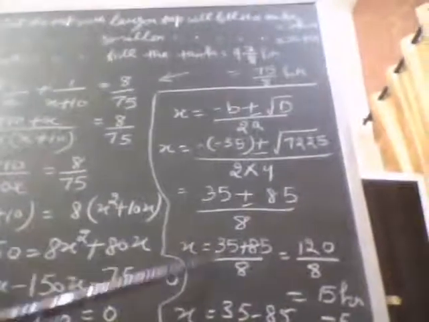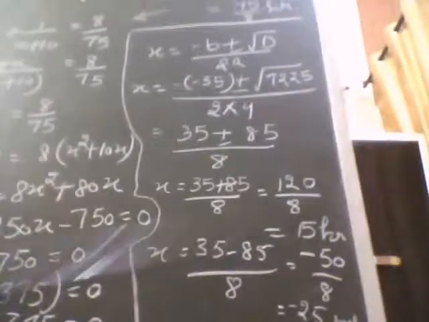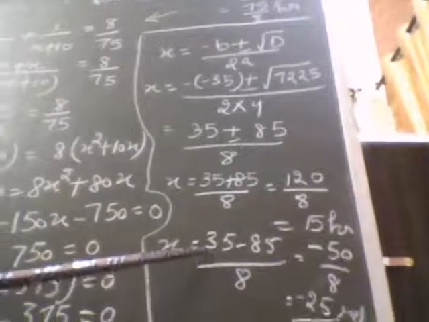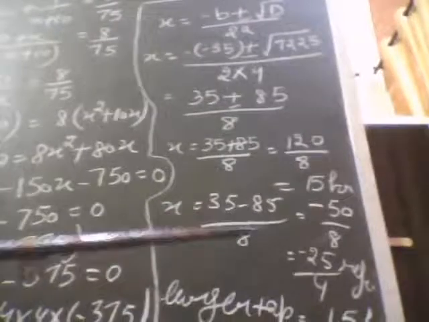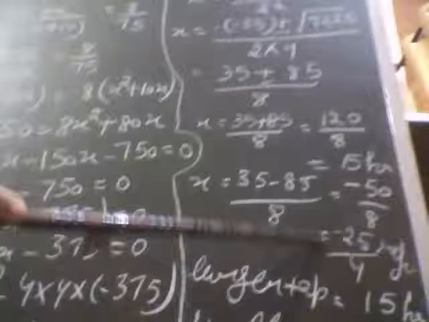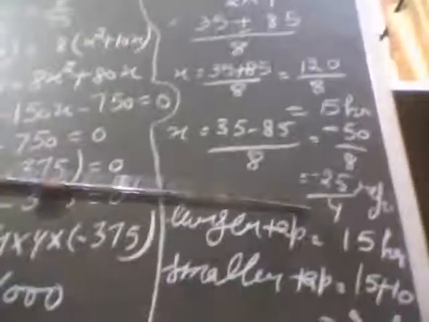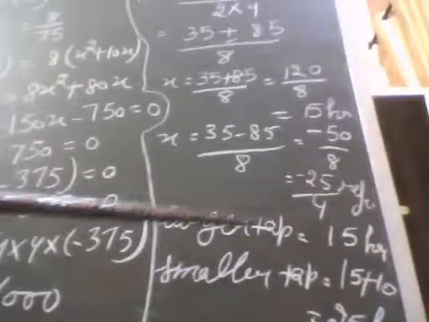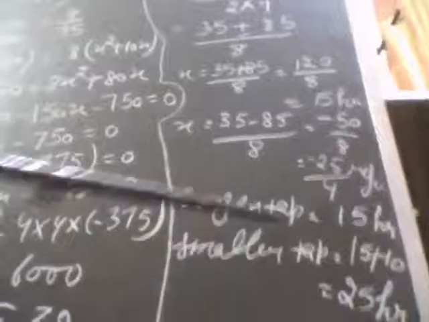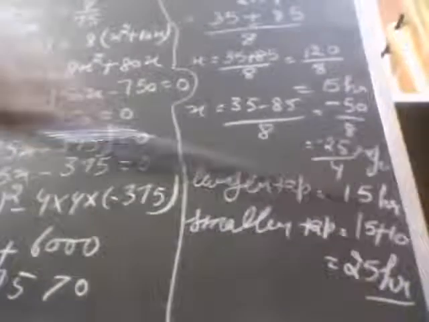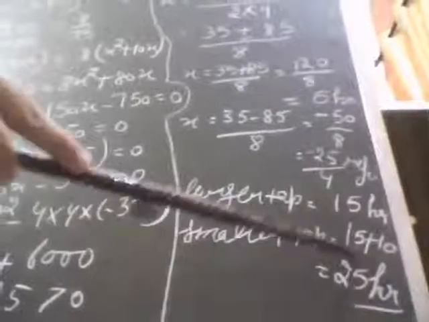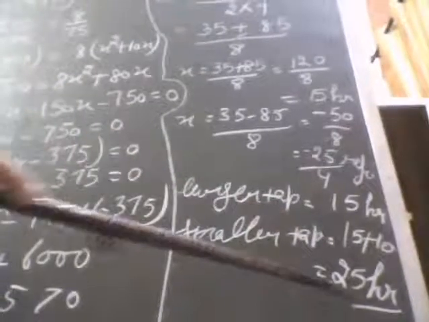Now once we take it positive, it will be 35 plus 85 by 8, that is 120 by 8, that is 15. And once we take it negative, then 35 minus 85, that is minus 50 upon 8, and this is negative. Time cannot be negative, so it is rejected. So the answer is: the larger tap will fill the tank in 15 hours, and the smaller tap will fill the tank in 15 plus 10, that is 25 hours.